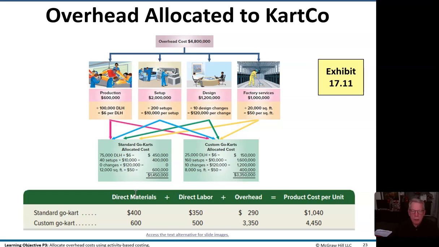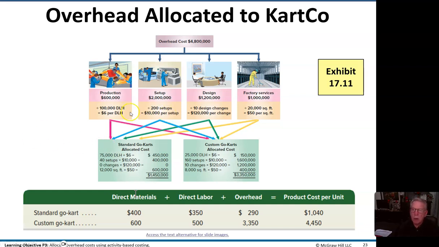And now, if I put that together with the direct materials and direct labor for both of these products, that hasn't changed, but the overhead per unit has. So my product cost is $1,040 for the standard go-kart but it's gone up considerably here for the custom go-kart.